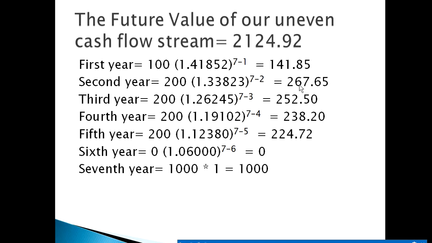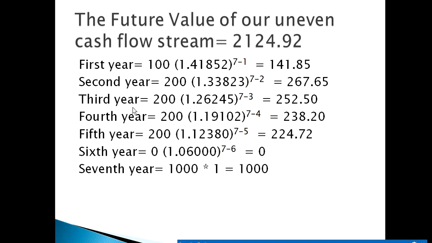And the answer will be 267.65. And if we go to the table, we can see this number under the 6%, which is the offered rate of interest, and the year number 5, because we have deducted 2 from 7.